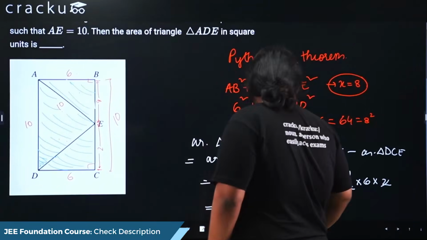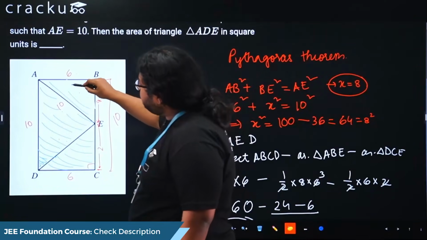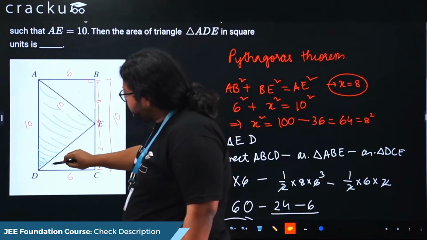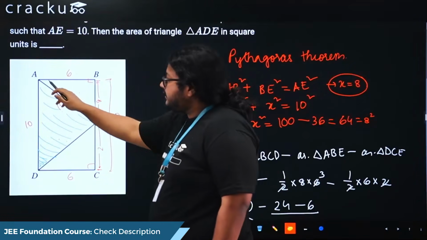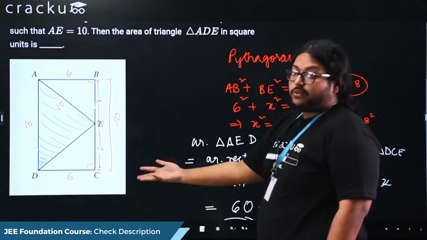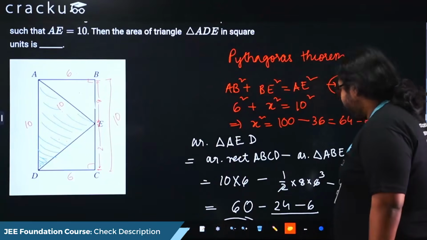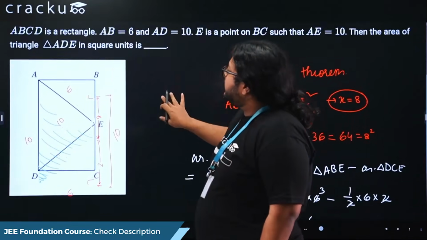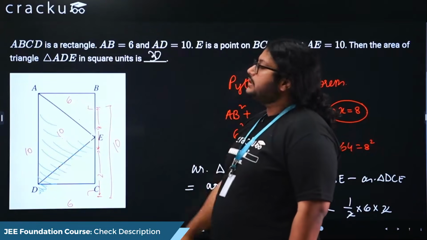And from this, I essentially subtracted this area. And I also subtracted this area. So what was I left with? I was left with this area, which is what they wanted us to find. So the answer here is, the area of the triangle ADE in square units is 30.